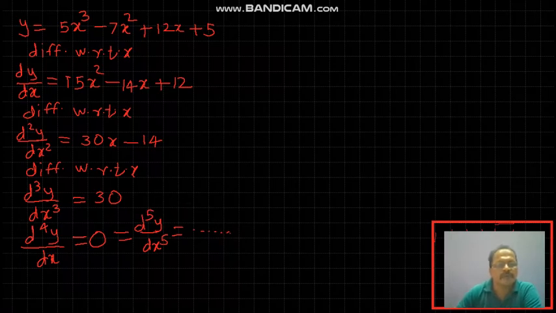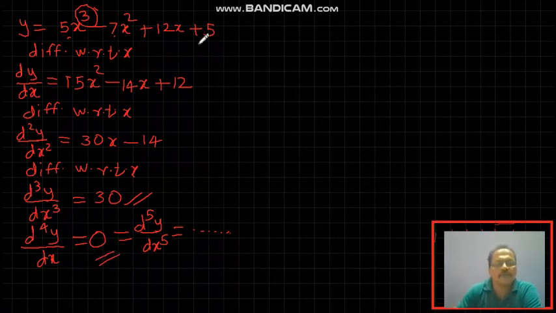Observe that this y equal to 5x cube minus 7x square plus 12x plus 5 is a polynomial of degree 3 and its third derivative is constant, fourth, fifth and all other derivatives are 0.